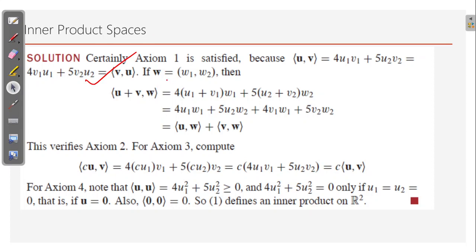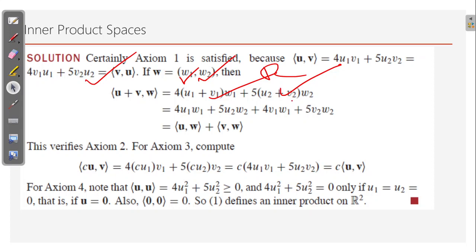Then for the next axiom, we define another vector w in that vector space R2, and this w is equal to the ordered pair w1 w2. Now we check the second axiom, that is inner product of u plus v comma w. By definition this is 4 into u1 plus v1 into w1 plus 5 into u2 plus v2 into w2.